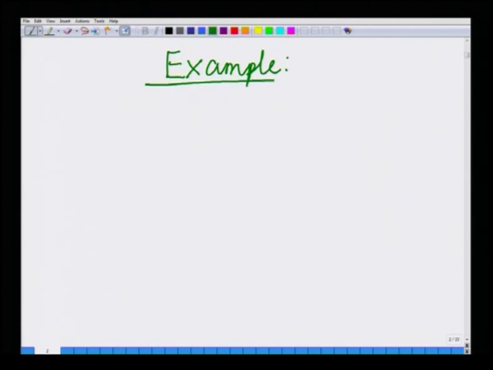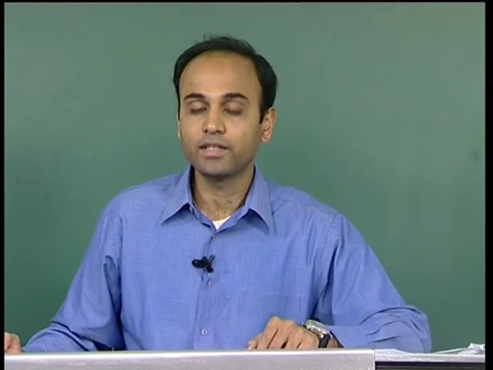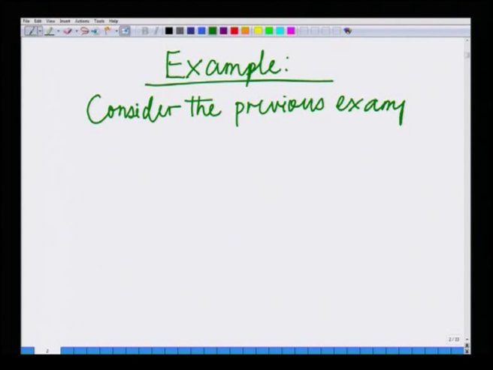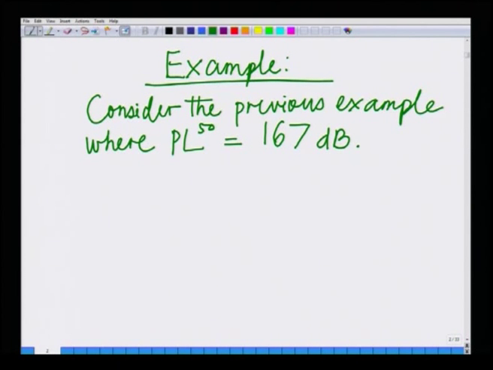I want to consider the same model that we had used in the previous example, that is, the previous example using the Hata model, where the 50th percentile path loss was given as 167 dB. Now consider log normal shadowing.